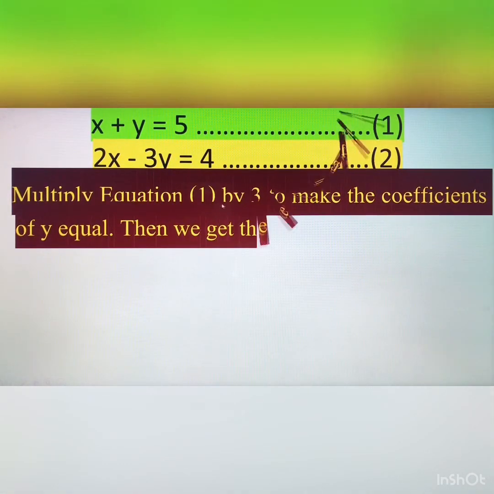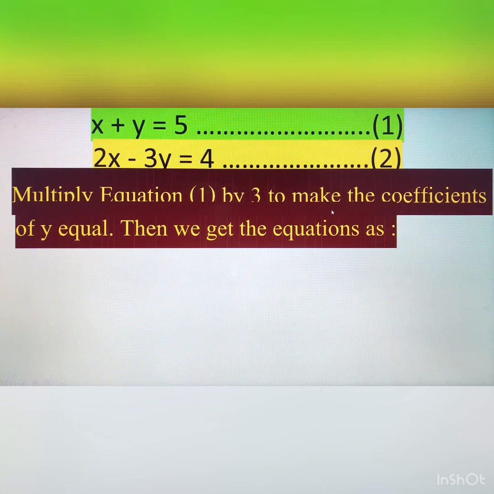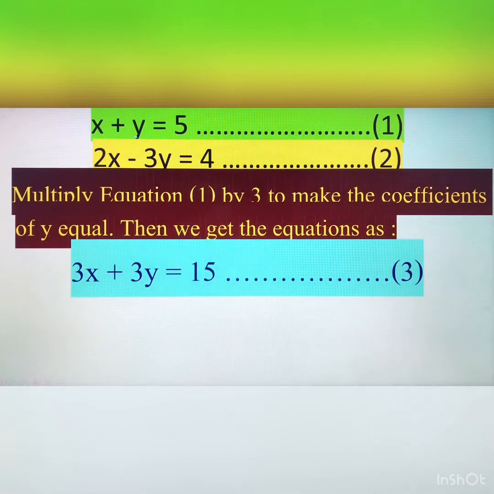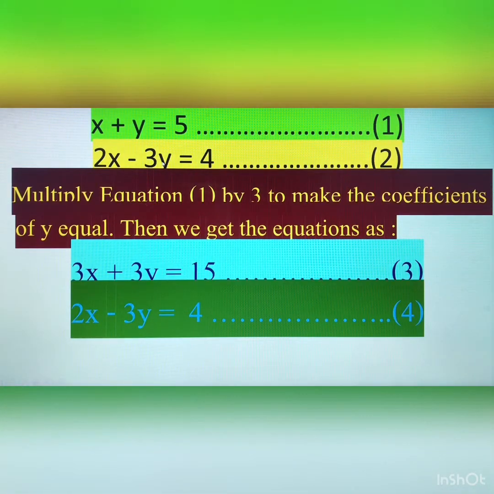Multiply equation 1 by 3 to make the coefficient of y equal. Then we will get the equations. When you multiply equation number 1st by 3, then 3x plus 3y equal to 3 5s are 15. And equation number 2 you will write same to same, that is 2x minus 3y equal to 4. Now you can observe here the signs of the coefficients of y are opposite.